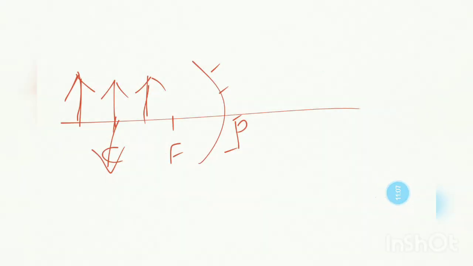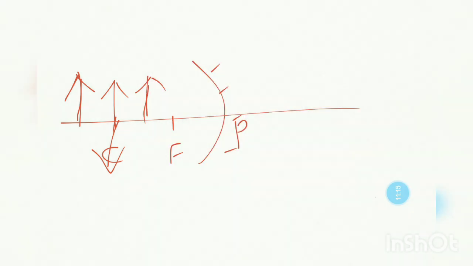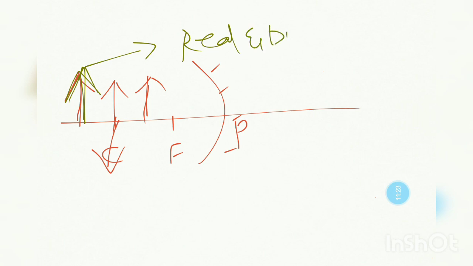Understood? Let me explain it again. If it is placed beyond C, then you will get a real and diminished image. Just open the ray diagrams and you will understand very quickly.